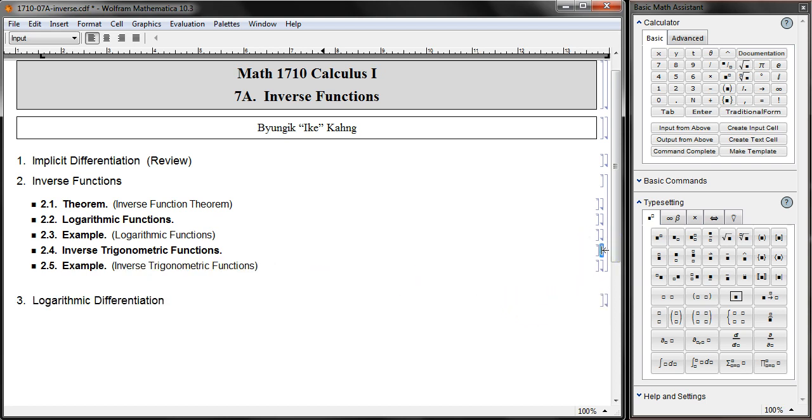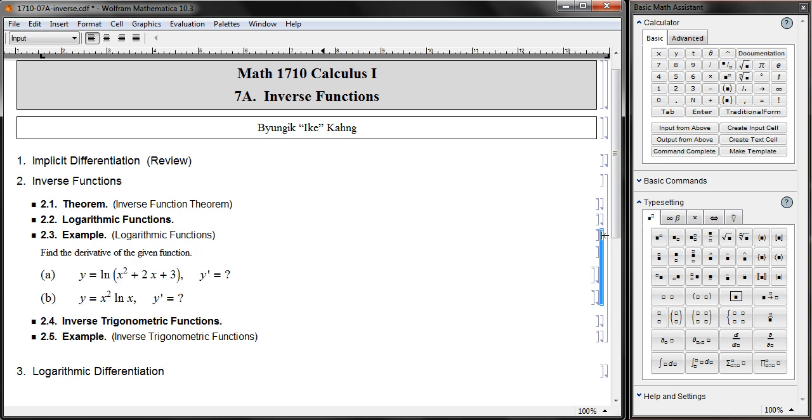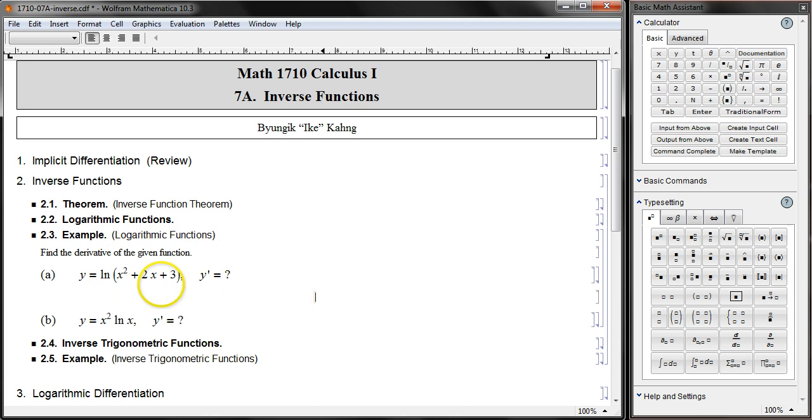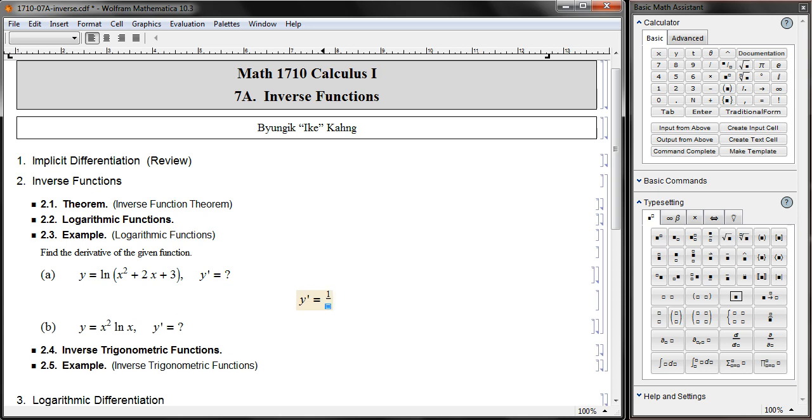Now let's go to some application problems. Applications of logarithmic functions. Find the derivatives of the given function. Okay, here we go. What is y prime here? Let's apply the derivative rule for the log function. 1 over whatever is inside.